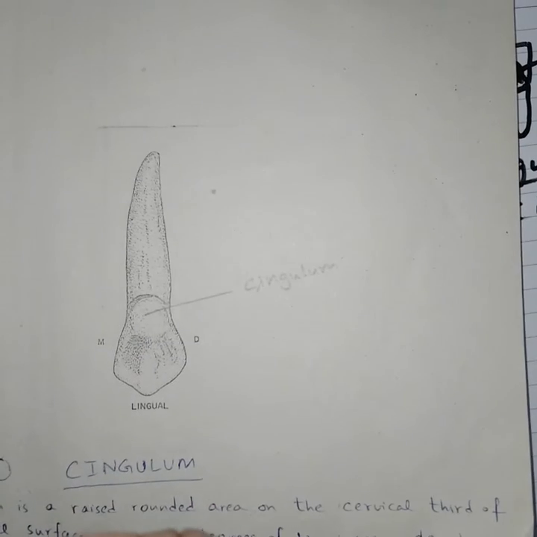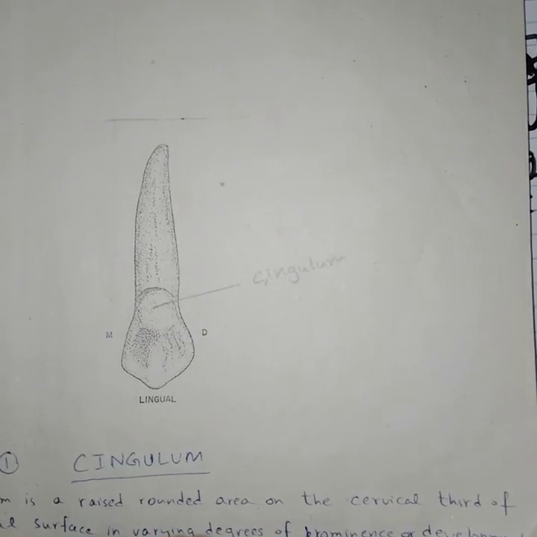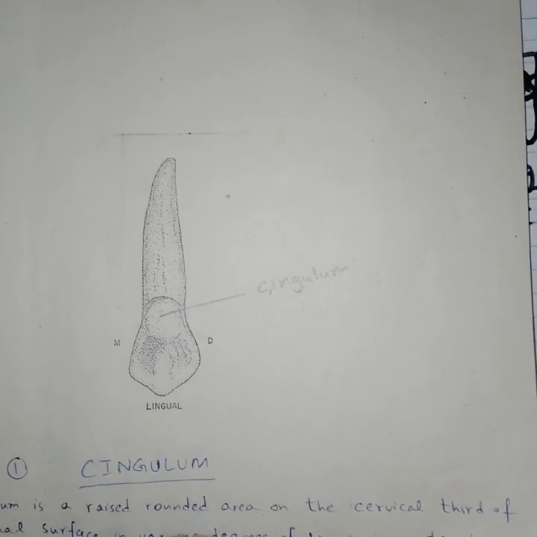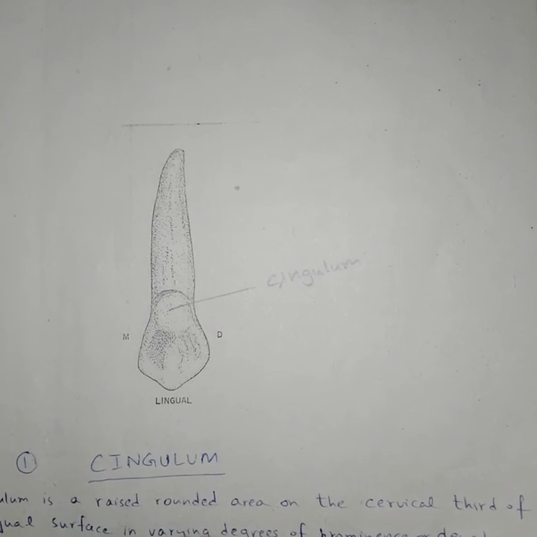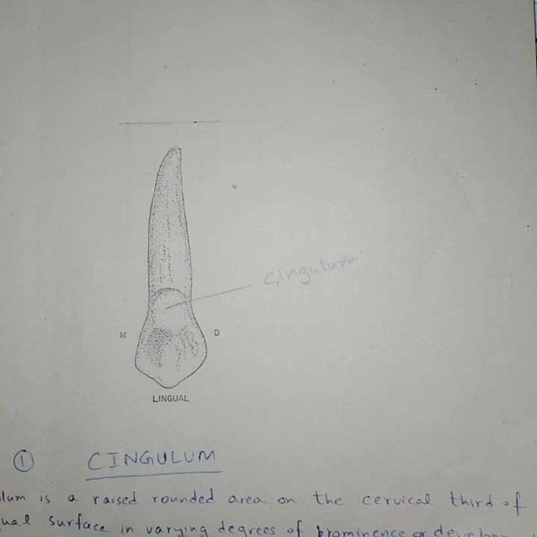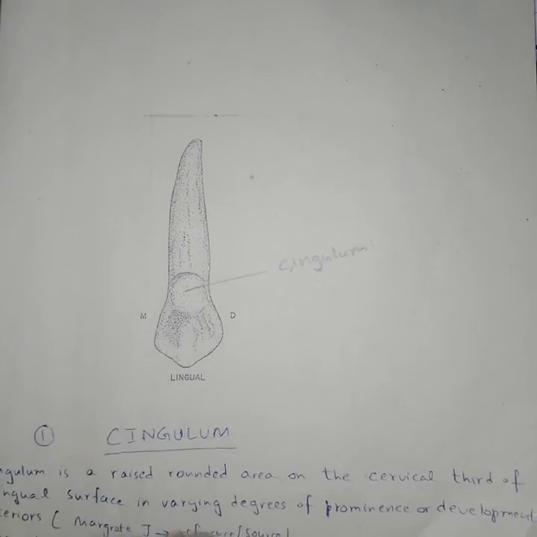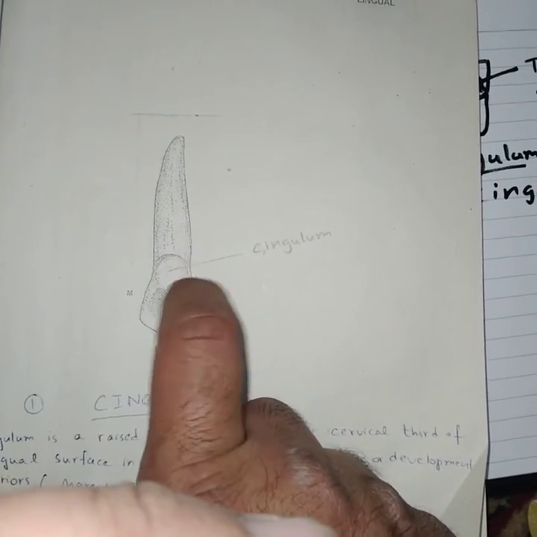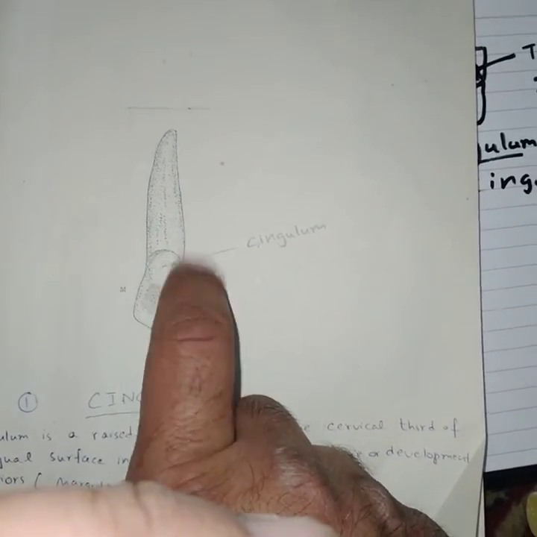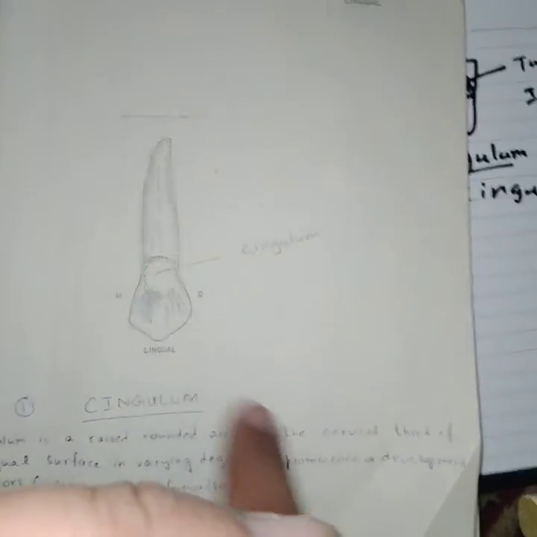Or the cingulum is a large rounded eminence on the lingual surface of all permanent and deciduous anterior teeth, which encompasses the entire cervical third of the lingual surface.